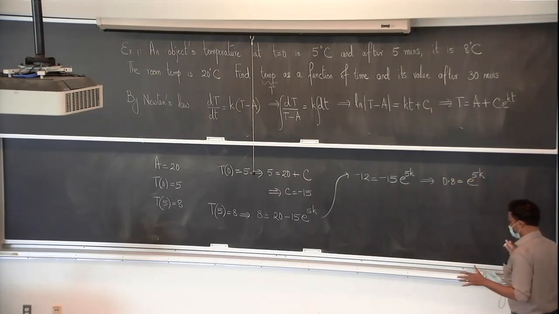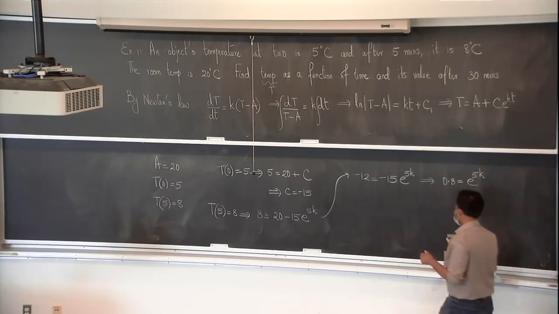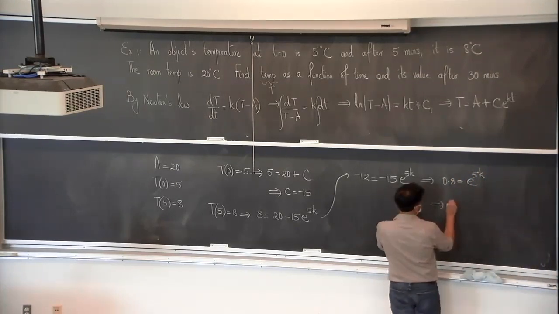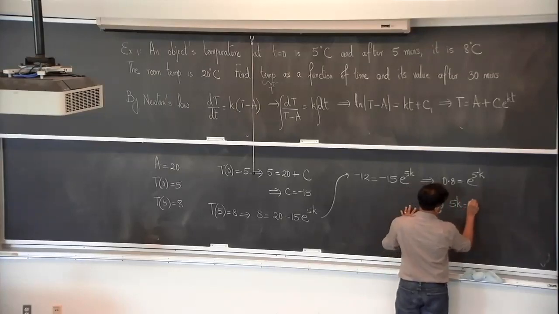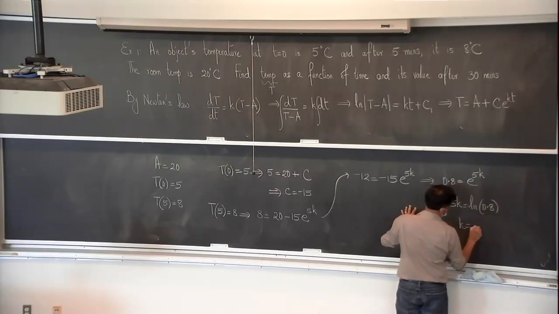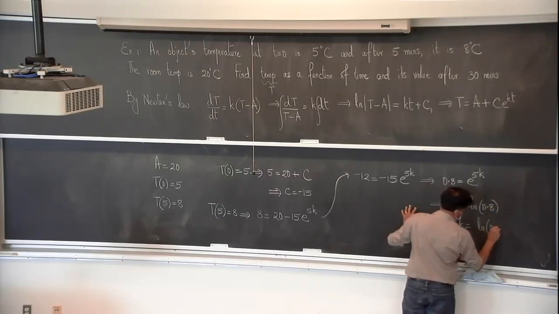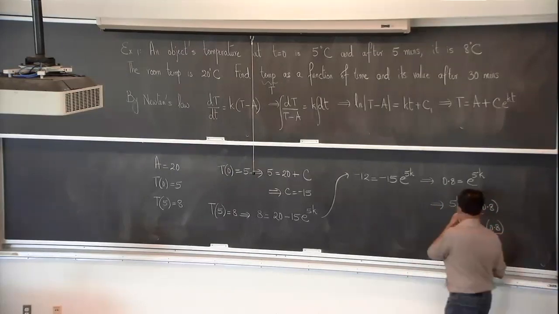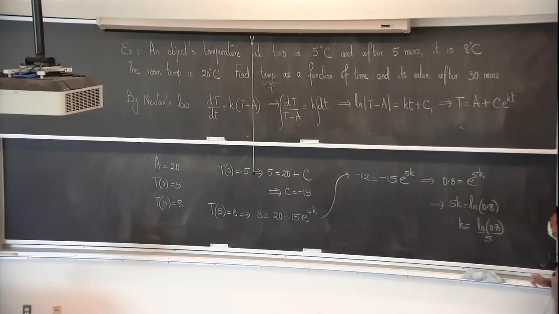Up to there, I can do without a calculator. After this, I have no idea. So 5k equal to the natural log of 0.8 and k equal to the logarithm of 0.8 over 5. And that's where I need your help.